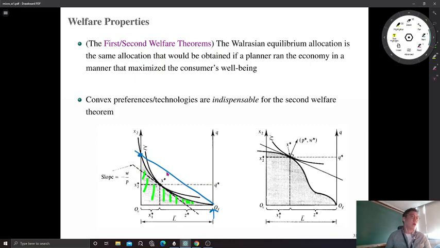The most important thing we studied so far was the first and second welfare theorems: whether equilibrium is efficient or not, and whether the efficient allocation can be achieved by market mechanism. We see that those two theorems hold in very specific examples, but we are going to extend that insight to a more complicated and more general framework in the next week.